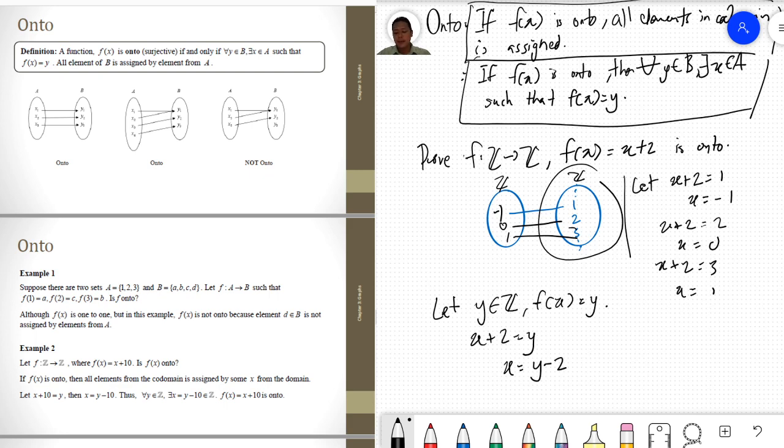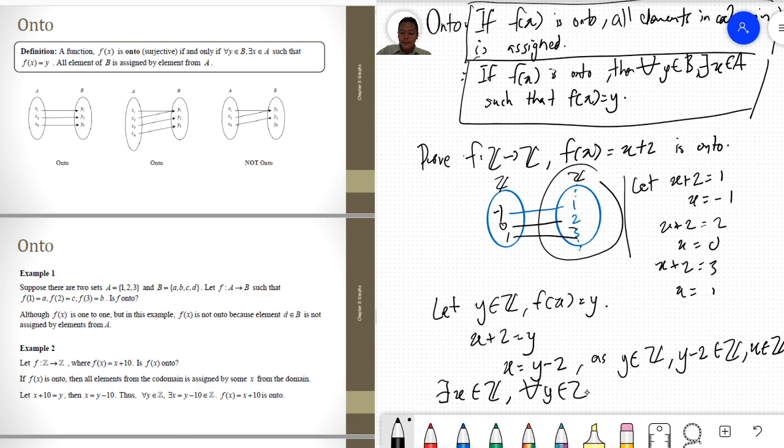It means that for y, which is an integer, there exists some x, which is y minus 2. As y is an integer, y minus 2 is also an integer, and x will be an integer. In short, there exists x from the domain integer for all possible y from the codomain.